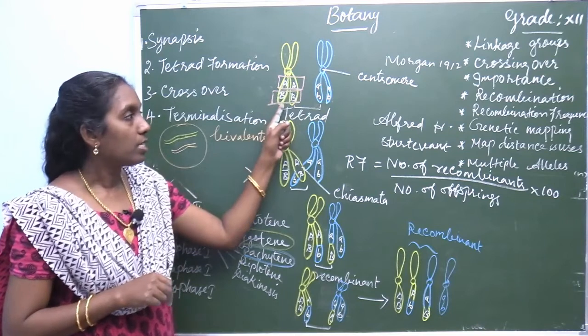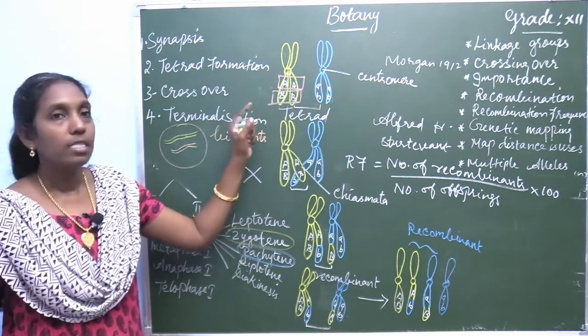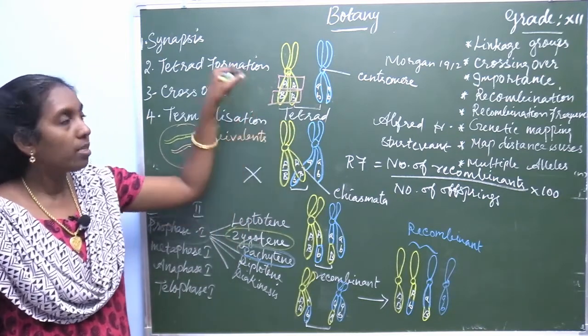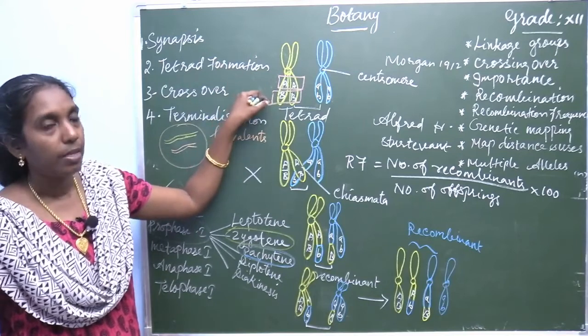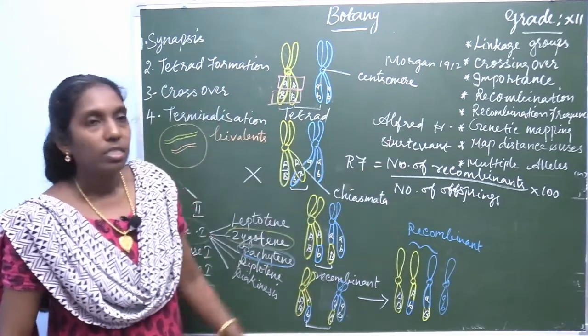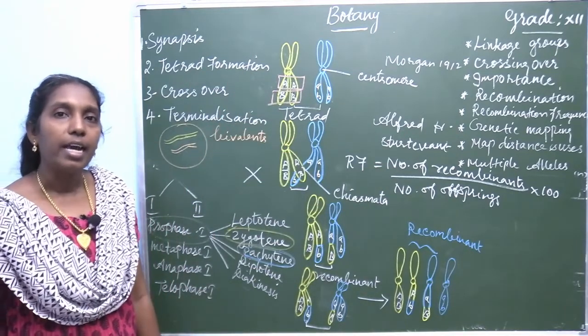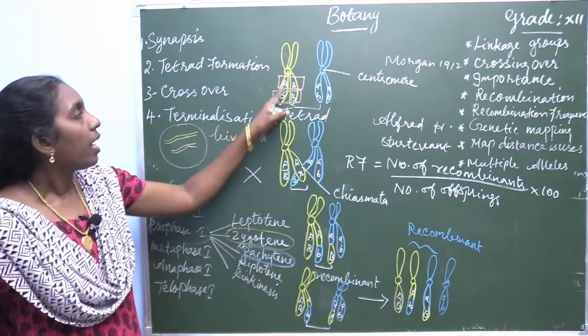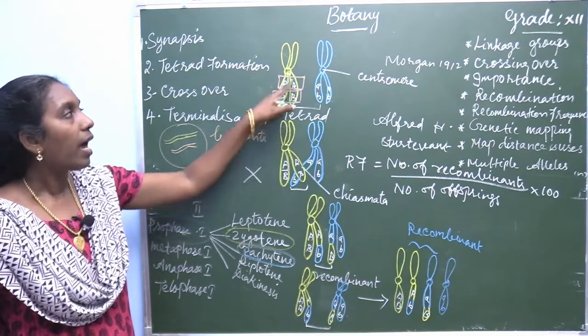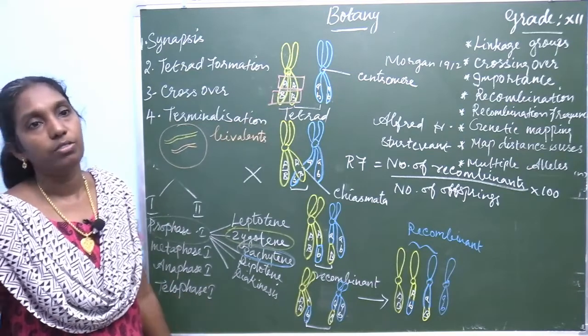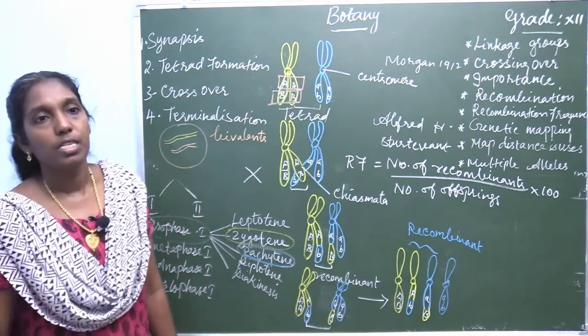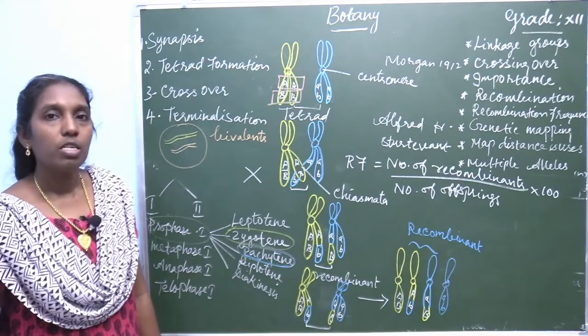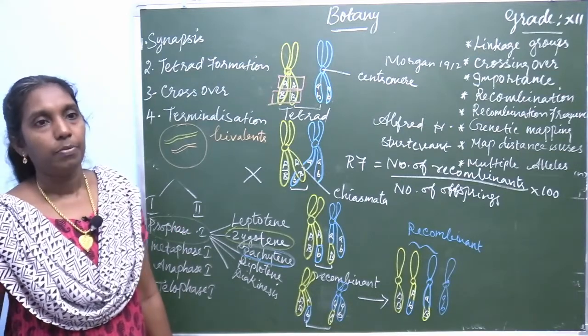In the locus, the genes are located. Gene mapping or genetic mapping is the diagrammatic representation of the arrangement of genes and the distance between the genes.